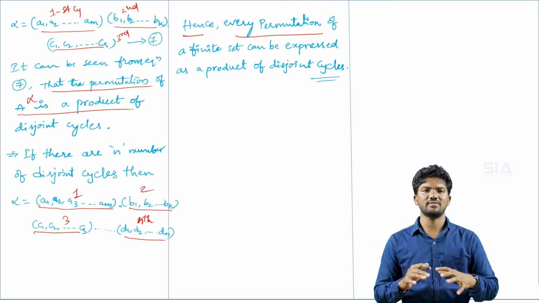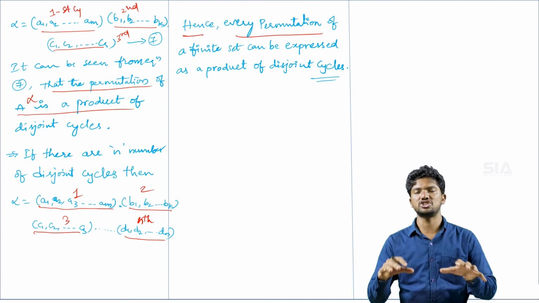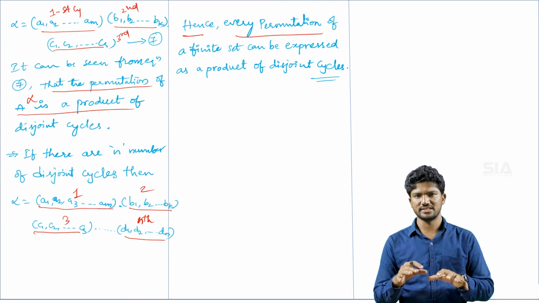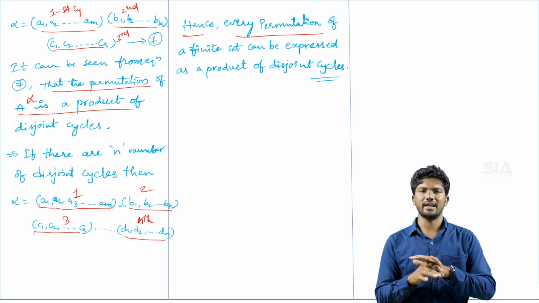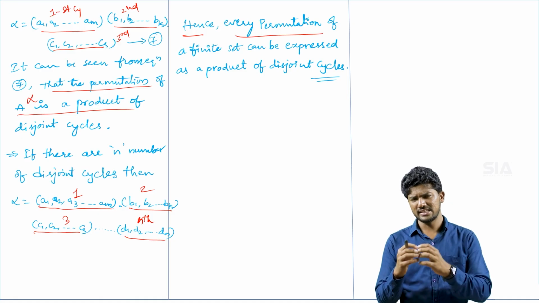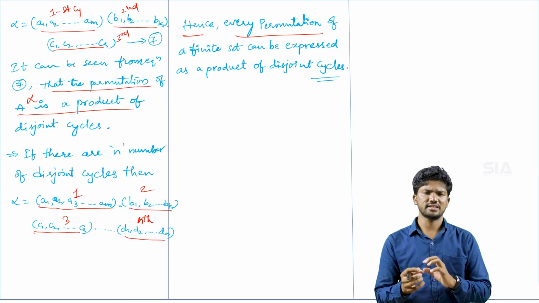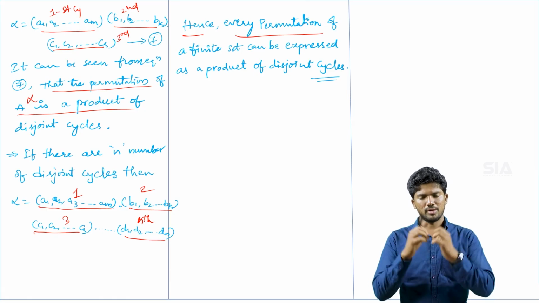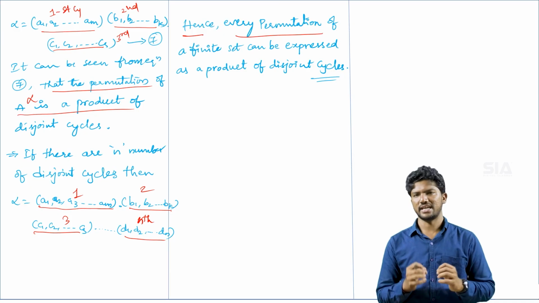Disjoint cycles means there is no common element between them. All the elements are different; sometimes same-length cycles will be repeated, but sometimes you will get different-length cycles. Anyhow, the permutation can be written in the form of disjoint cycles.